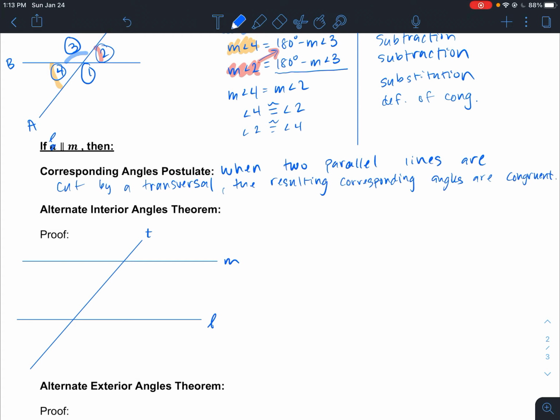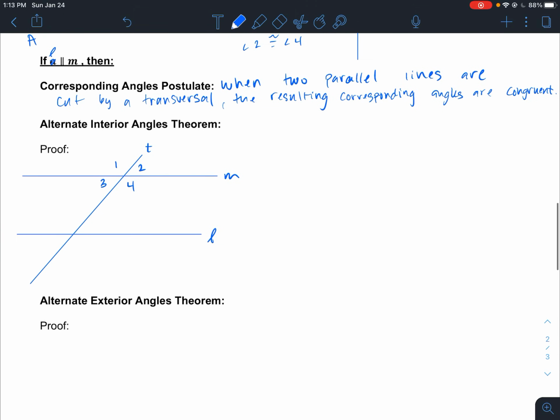The resulting corresponding angles are congruent. So this is just a postulate that tells you corresponding angles are indeed congruent. Okay? So for this example, I'm going to label this angle 1, 2, 3, and 4. I'm going to label this 5, 6, 7, and 8.